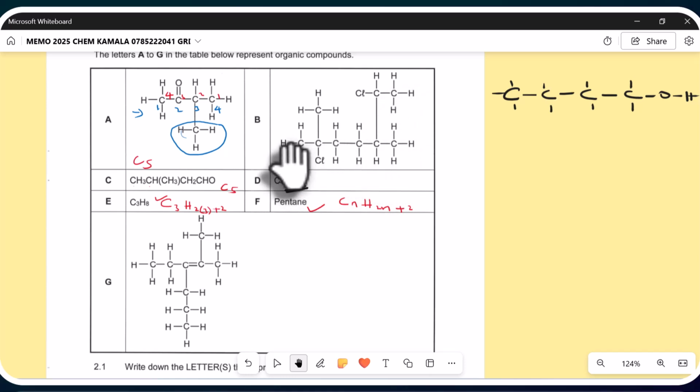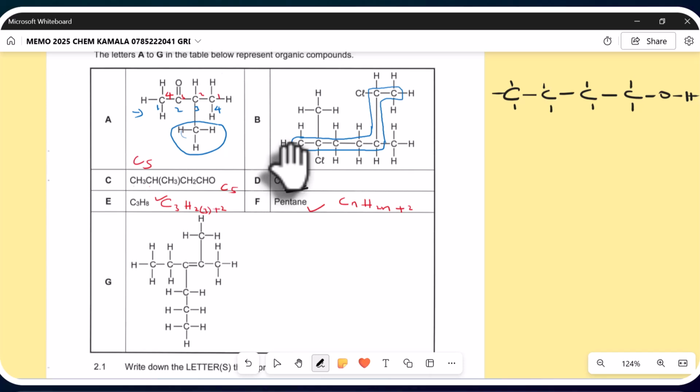Now, if I count from the bottom here and I say 1, 2, 3, 4, 5, 6, let me do it in red color here. If I set carbon number 1 here, and then number 2, number 3, number 4, carbon number 5, number 6, and 7, and then another student might count it differently.